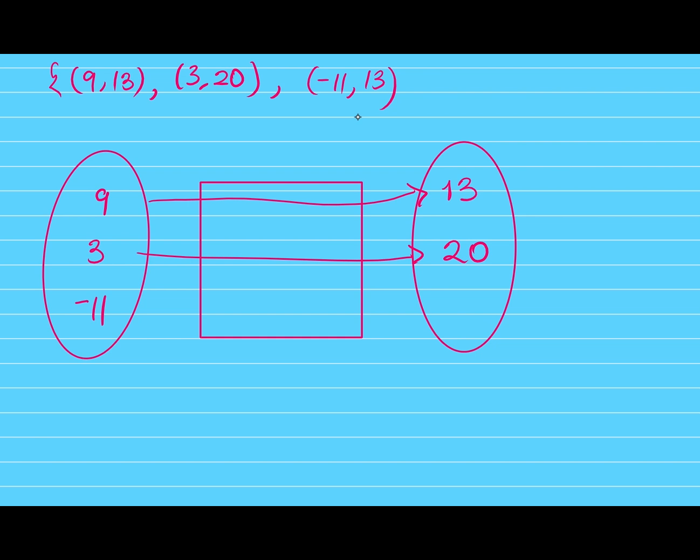So what we'll be doing will be to link this to 13. Now, this may be confusing, but it should not, okay? 9 is not confused as to where to go. He knows he's got only 13. Negative 11 is not confused as to which way to go because it's got 13, only 13. So yes, this is a function.